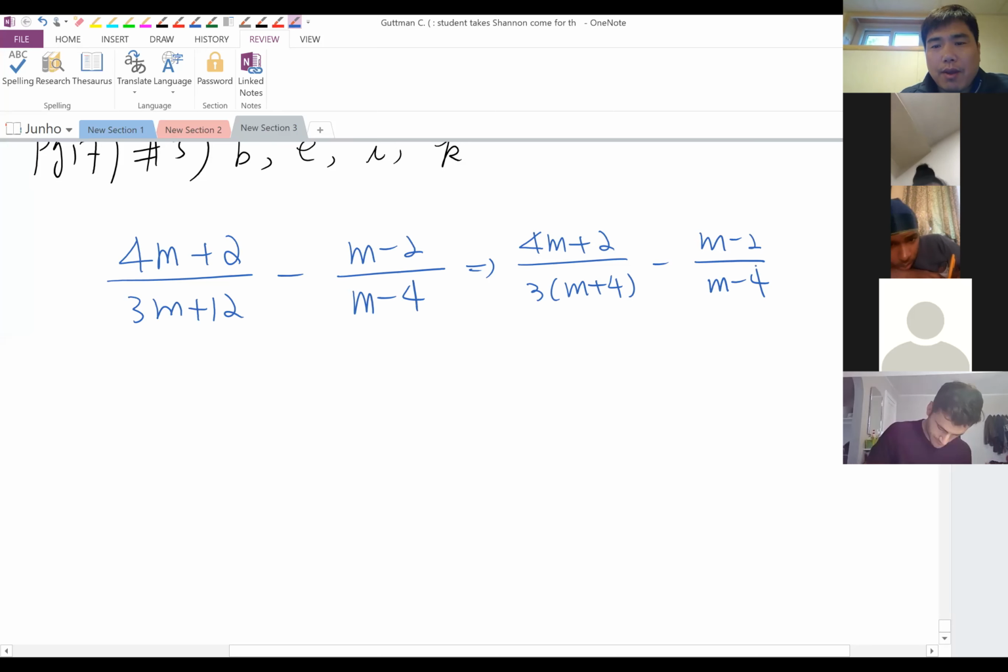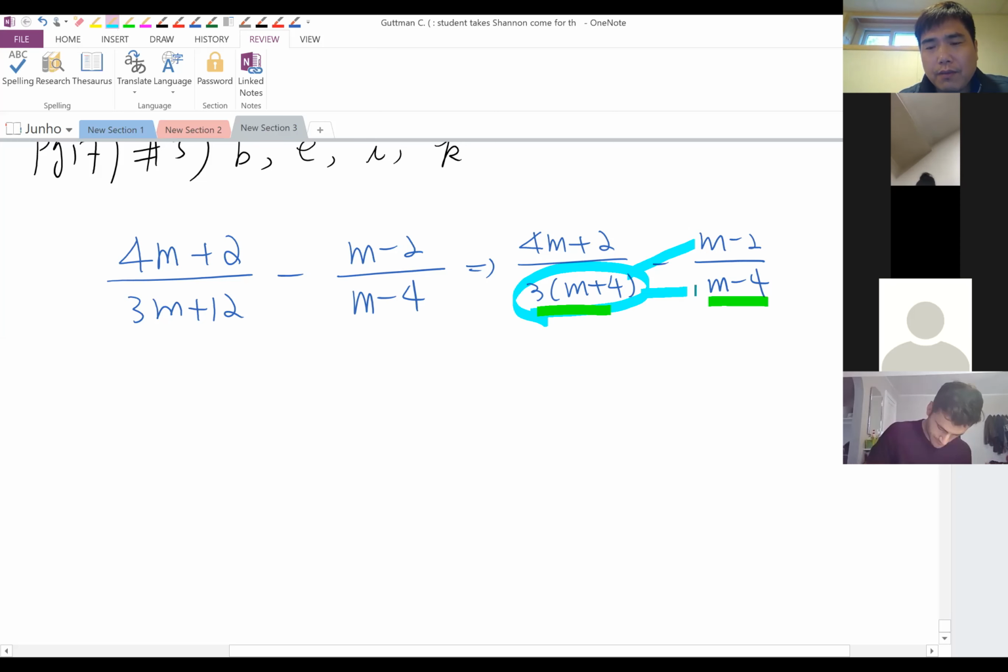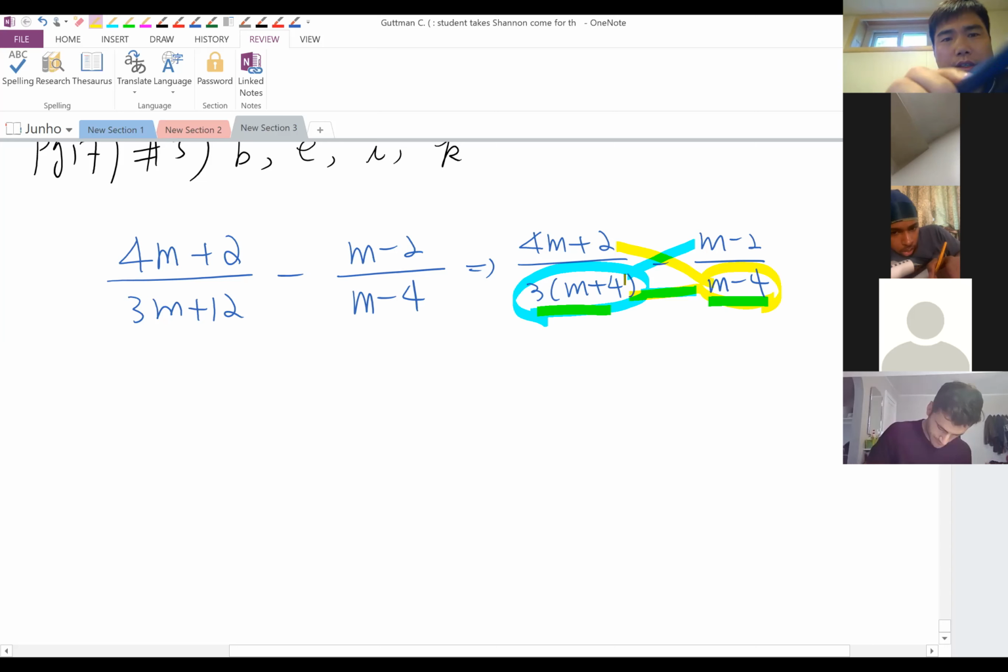Now as you see, this factor and this factor don't share any common factor, basically. So you multiply this factor to both the numerator and denominator of the second fraction, and you multiply this one to the first fraction, both the numerator and denominator.